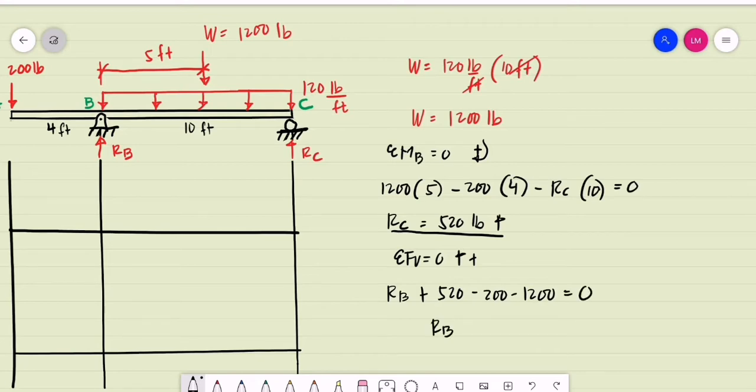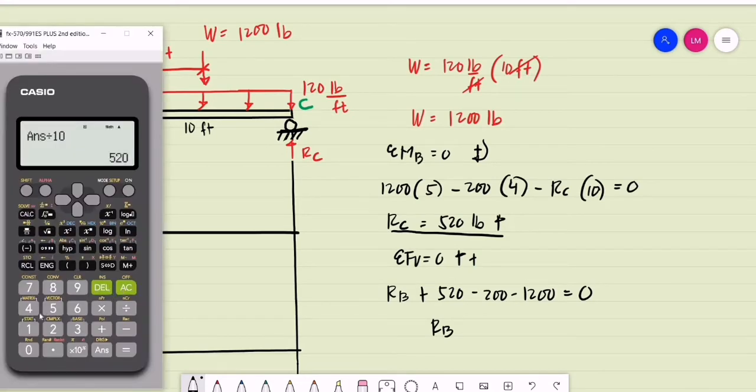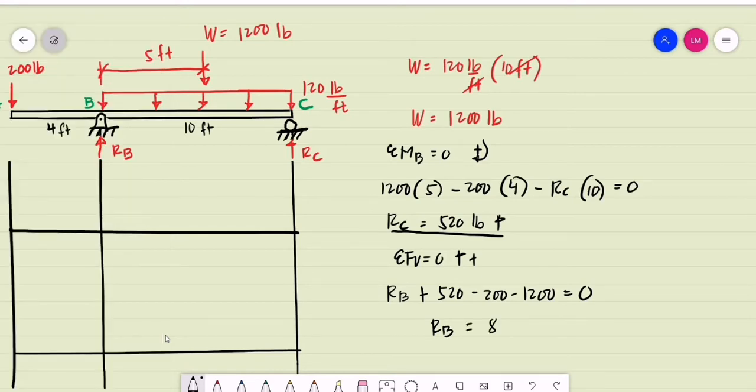So R sub B is equal to 520 minus 200 minus 1,200, negative 880, then transposed, that is equal to positive 880 pounds, and it is also upward. So we have R sub C is 520 pounds, R sub B is equal to 880 pounds. Okay, those are the support reactions.